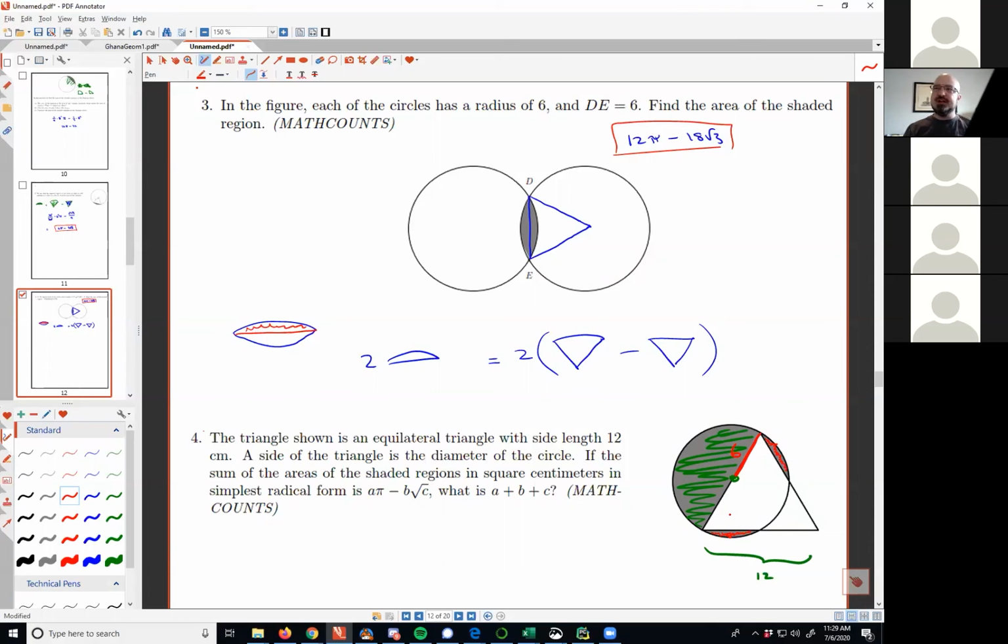Okay, we've got these two segments. And you know what? They happen to be the same size as in the previous problems. So we've already got our computations there. What is it that we need to do?